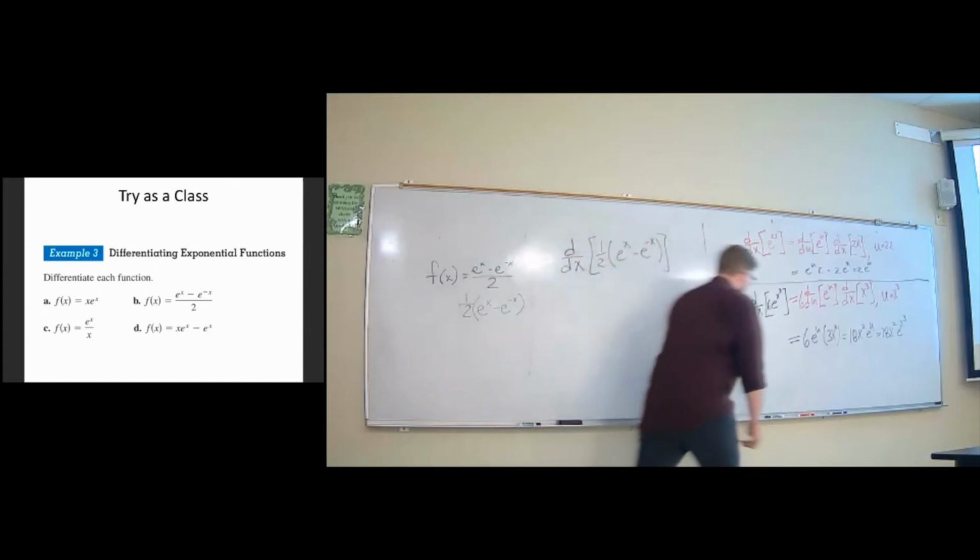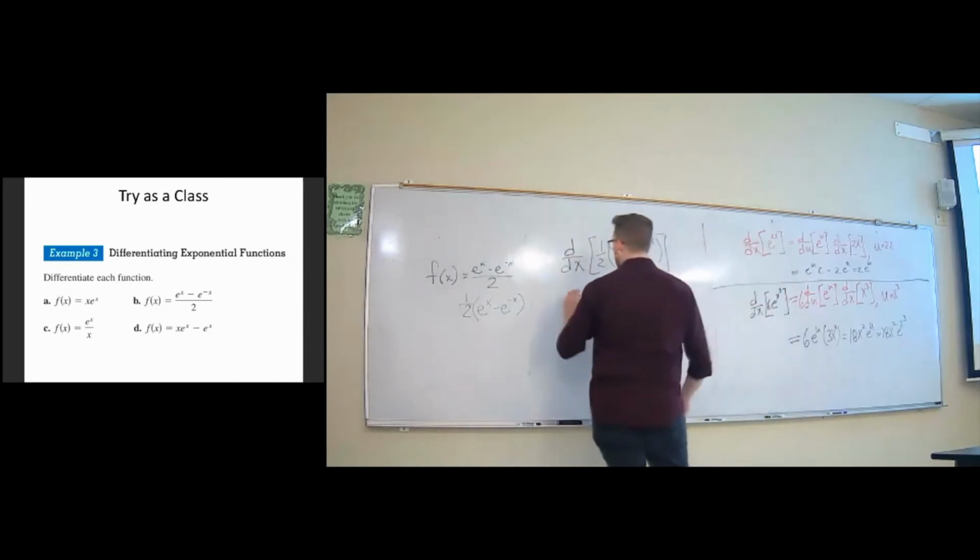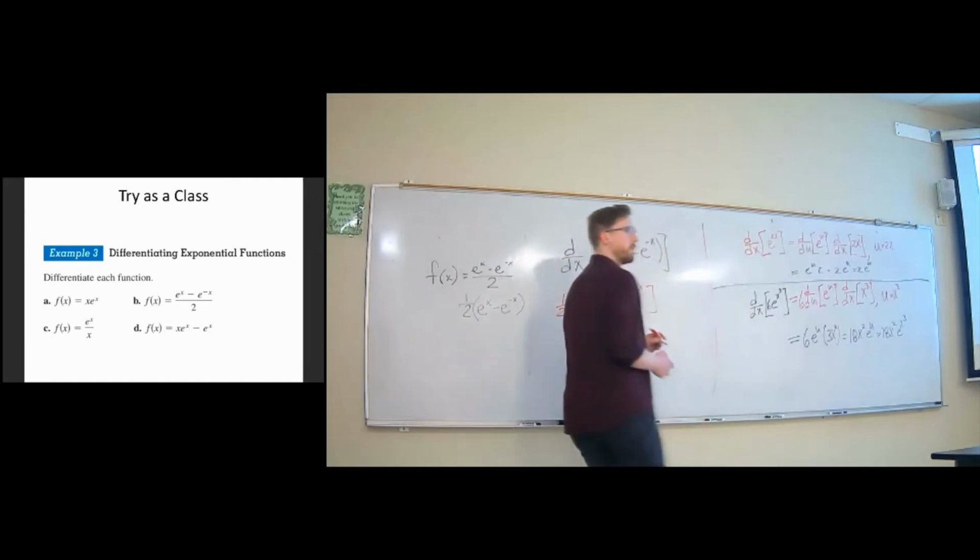So when we do that, this is all going to become 1/2 times d dx of e to the x minus e to the negative x, right?